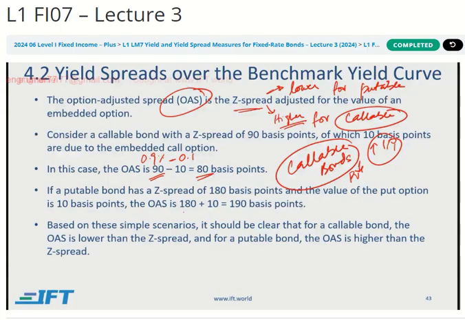And if it is a puttable bond, then I'm already having a lower spread, right? I'm earning less because I have this ability of putting it back whenever I want. If you want an option adjusted spread, if you want to take out the value of that put option, then you have to add it to bring it to the option adjusted value. So that is the point here.